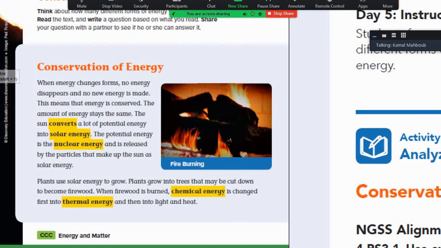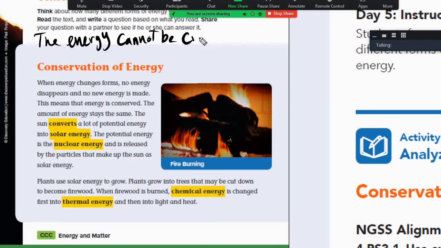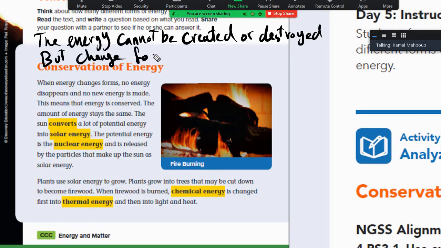It means, guys, the energy cannot be created or destroyed, but changes form all the time. Changes form all the time. Okay?